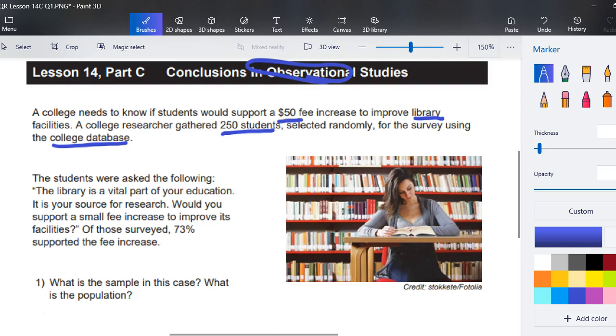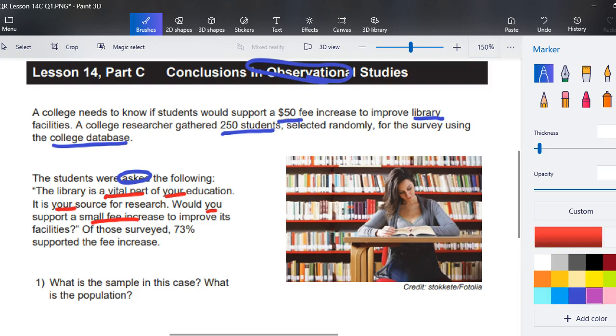So the students were asked the following. This is what they were asked. The library is a vital part of your education. It is your source for research. Would you support a small fee increase to improve its facilities?